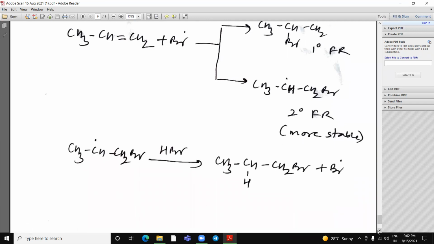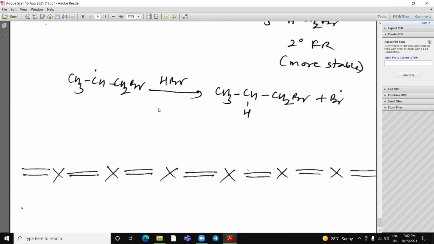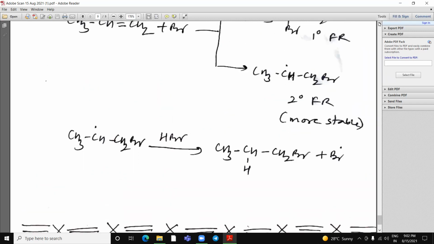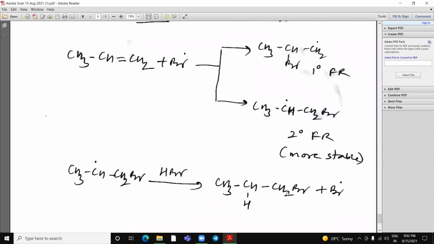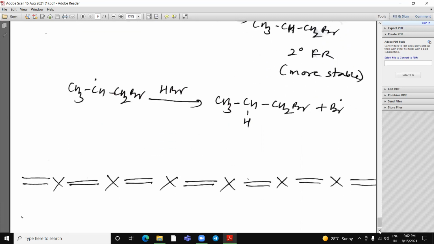And then we will get the product. So according to anti-Markovnikov rule, peroxide effect or Kharasch addition of HBr, we will get the 1-bromopropane. So it is just opposite to Markovnikov, and it is also known as anti-Markovnikov rule. Thank you very much for today's lecture.